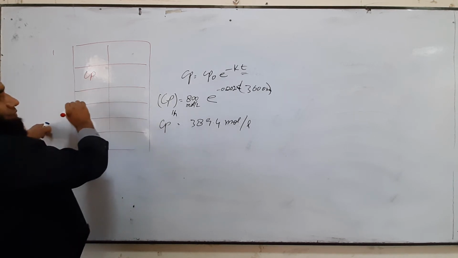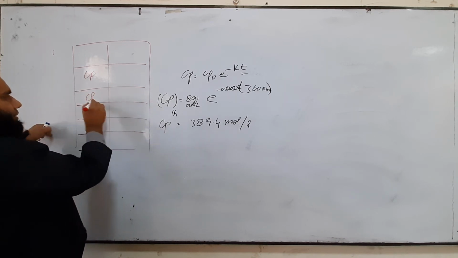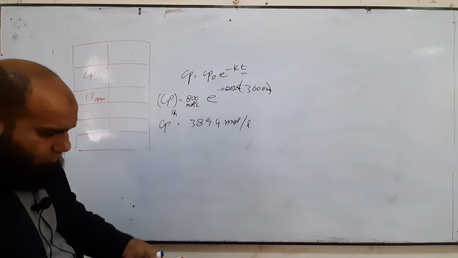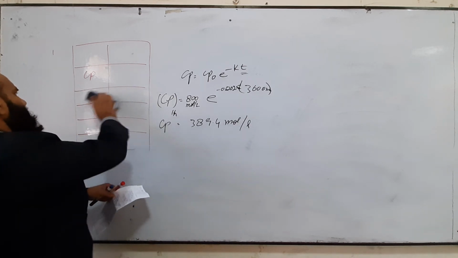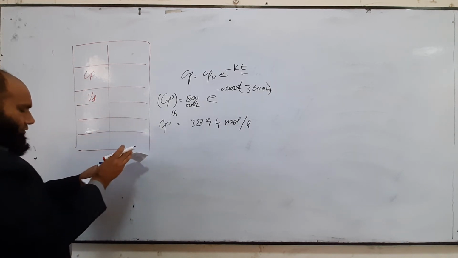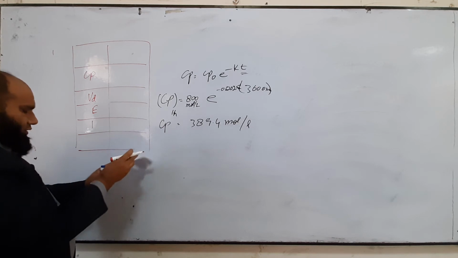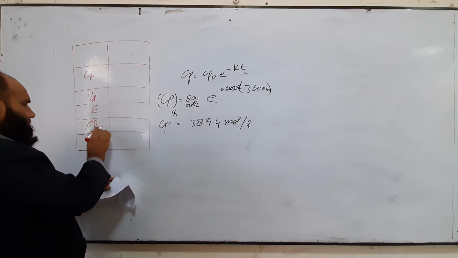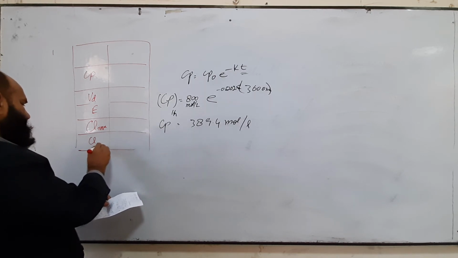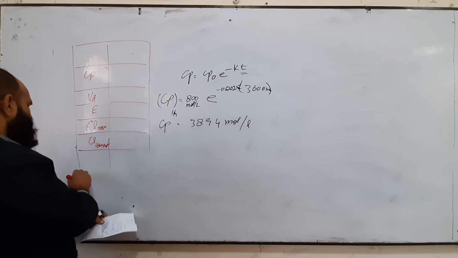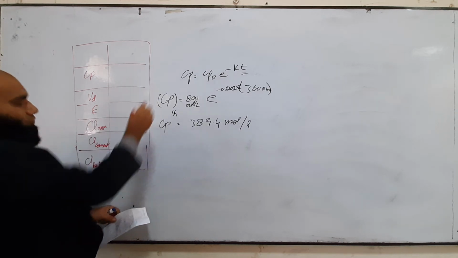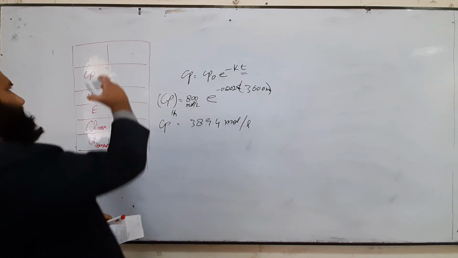First is Cp, then clearance by organ, clearance combined, volume of distribution VD, extraction ratio, clearance by organ method, clearance by compartmental method, and then clearance by rate method. These are the different parameters at start.